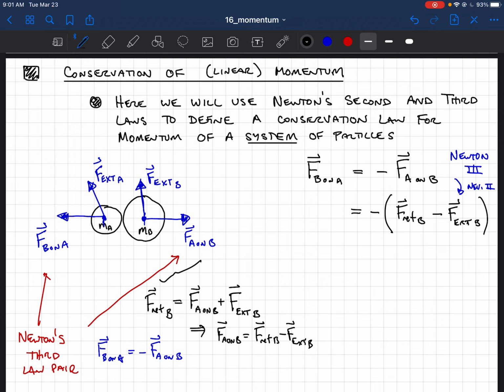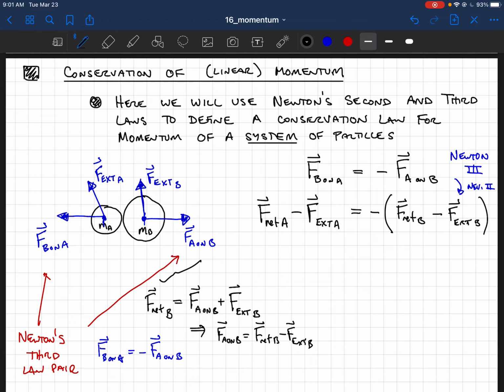And I can do the same thing to the other side. So this will be F net A, right? This is a force on A, minus F external A, like that. Okay.